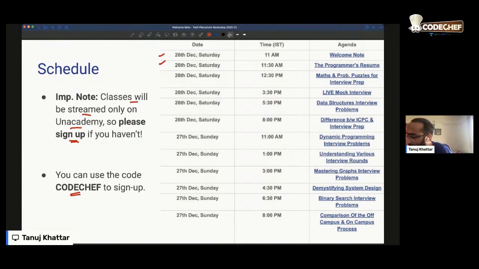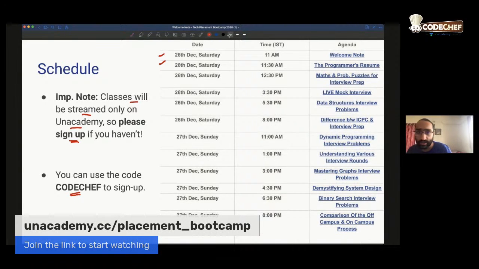I just want to let you guys know that we have a very interesting agenda planned. As you can see, the welcome note was scheduled for today 11 a.m. And currently there's a class going on the programmer's resume, which explains how somebody applying for placements should prepare their own resume.